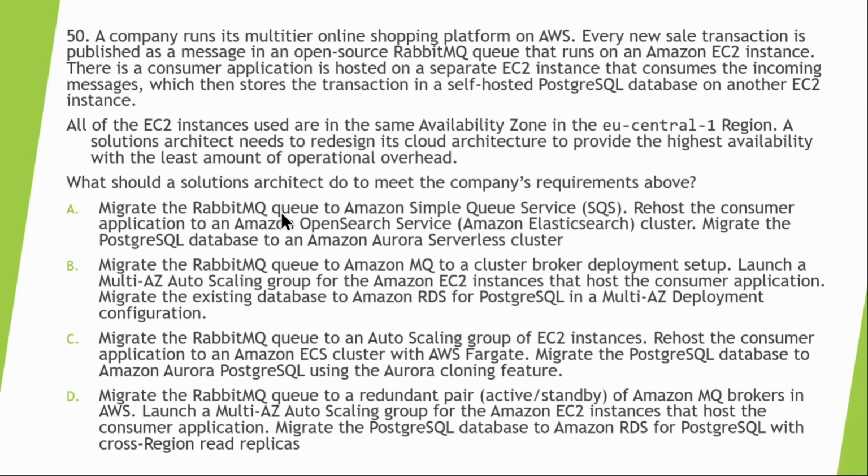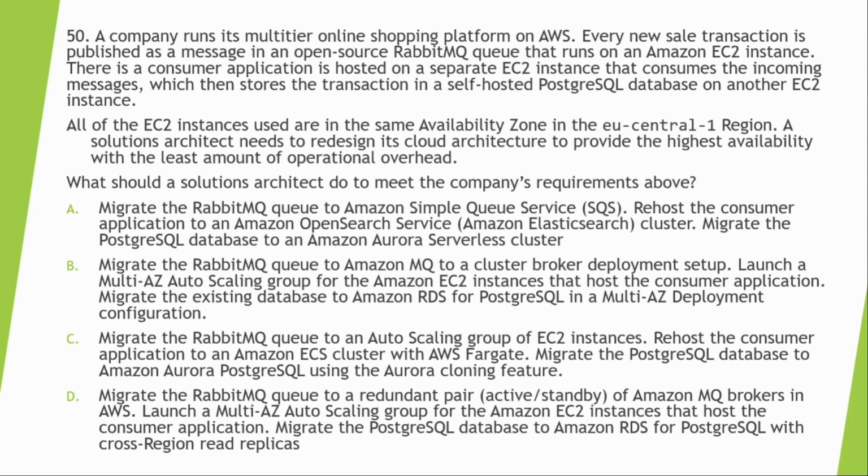Option 1: Migrate the RabbitMQ queue to Simple Queue Service, rehost the consumer application to an Amazon OpenSearch Service cluster, and migrate the PostgreSQL database to an Aurora Serverless cluster. First of all, make this a point: you cannot directly migrate RabbitMQ to SQS.